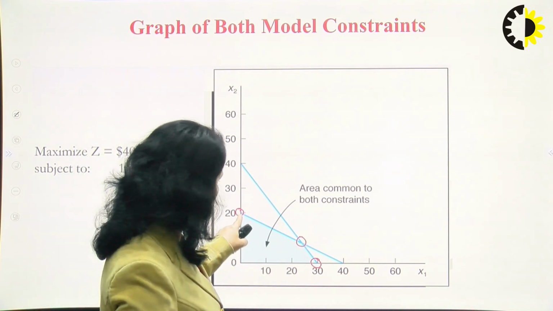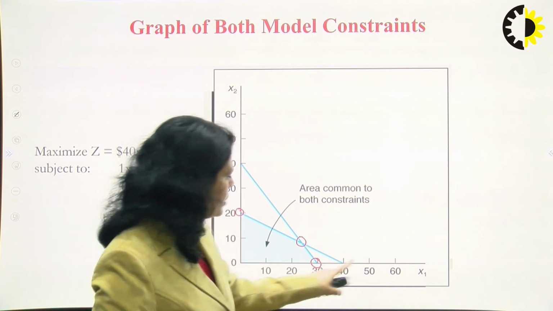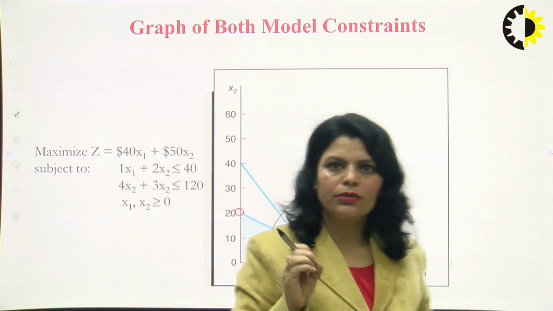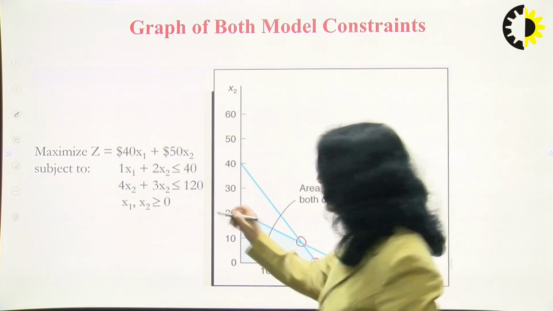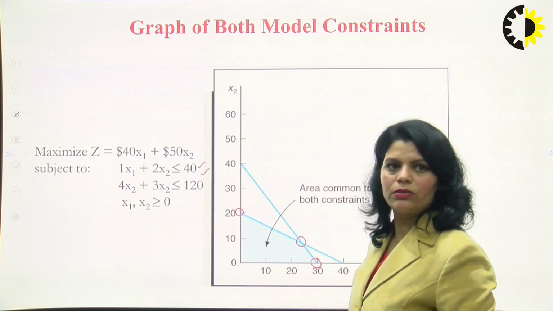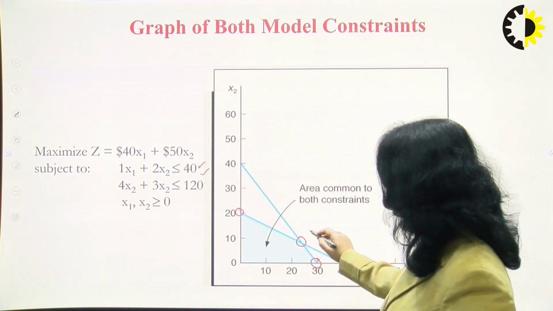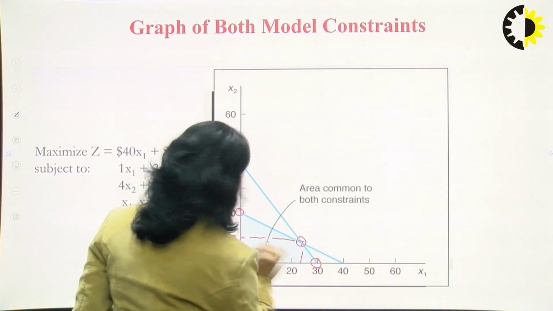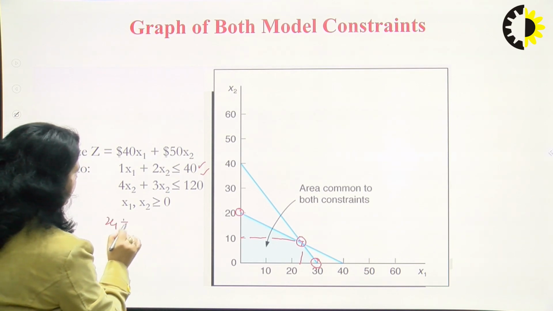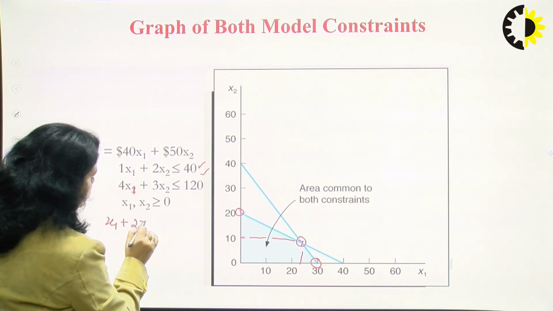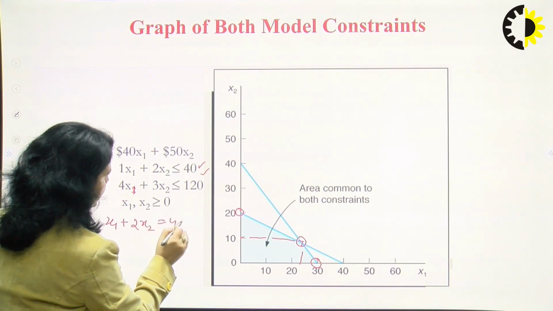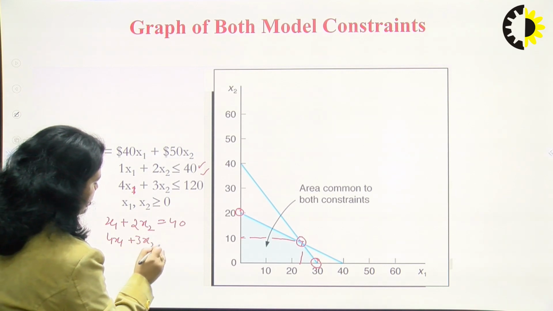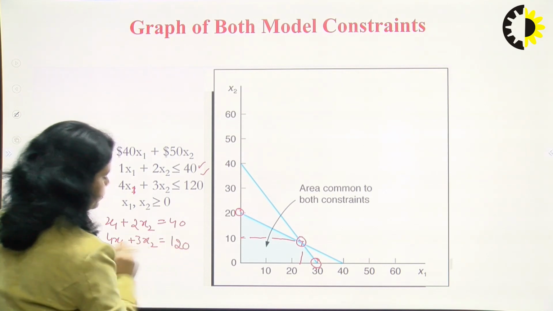We know the coordinate on x2, we know the coordinate on x1, but we have to find out the coordinates at the intersecting point. We can find it using these two equations. So we will write down the equations x1 plus 2x2 equals 40, and 4x1 plus 3x2 equals 120.